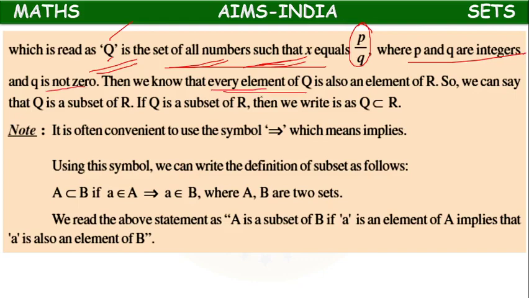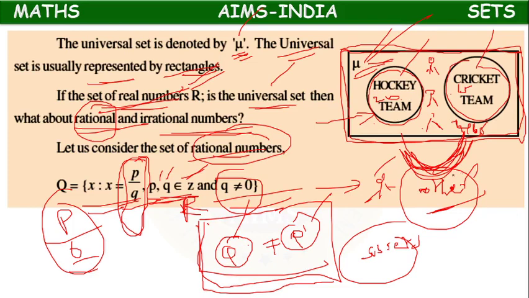Means every element of Q is also an element of R. Suppose you take 1 by 2 or 2 by 3, any number, they will be present inside the rational numbers, means indirectly inside the real numbers.